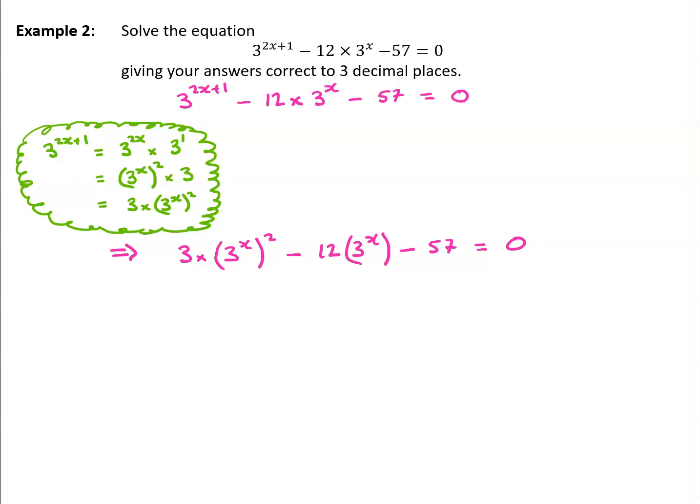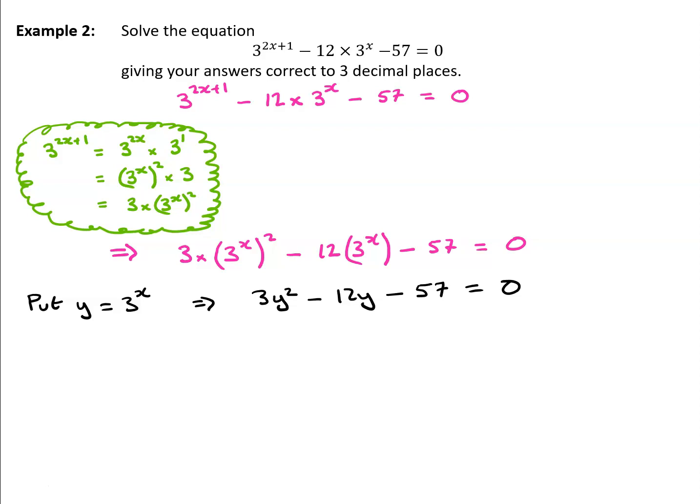You may well be able to spot that this is a quadratic equation in 3^x. If you don't spot that straight away, the thing to do is to make a substitution as before. Let y = 3^x, in which case our equation becomes 3y² − 12y − 57 = 0.